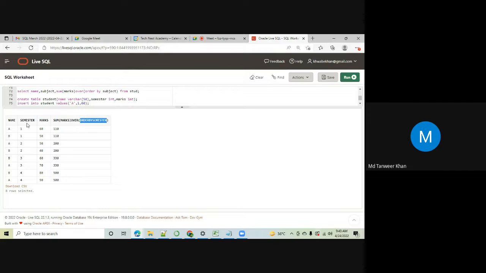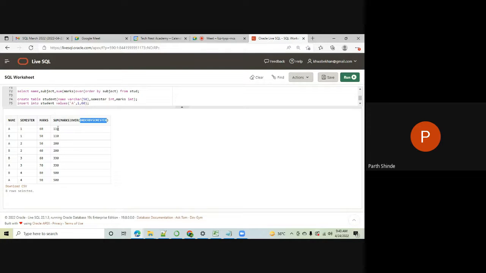Can you check all the semesters are in order? 1, 1, 2, 2, 3, all are in order, right? Then how is it working here? It has not taken directly 60 here. Why has it taken 110 here?